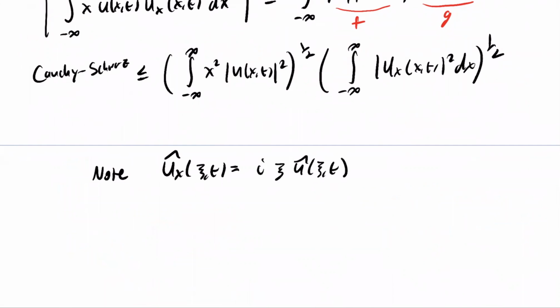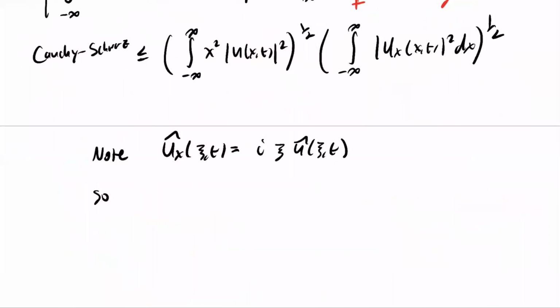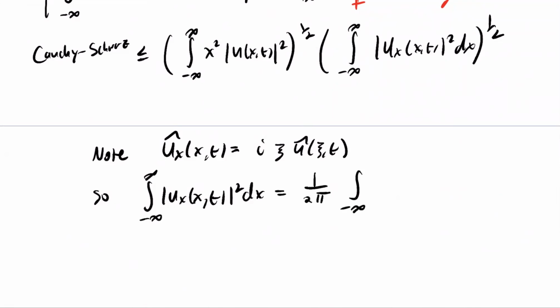This is one of the key properties of the Fourier transform. And so by Plancherel's theorem, if I look at, oh sorry, this should have been an x, excuse me, if I look at the integral of u_x, the derivative of u, squared, this is equal to 1/2π times the integral of its Fourier transform squared.